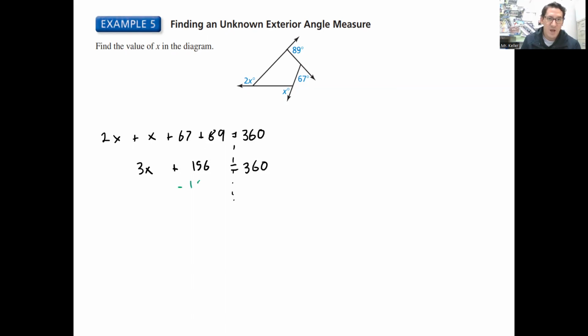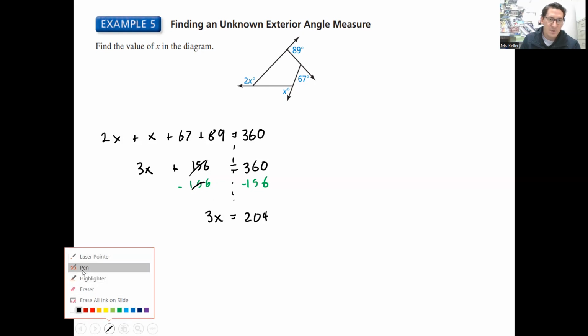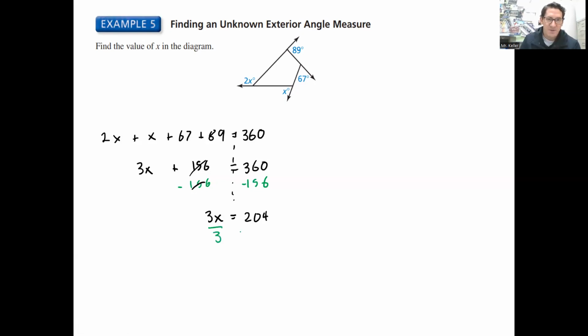I'm going to subtract 156 from both sides. That cancels out. I get 3x is equal to 204. And then I'm going to divide both sides by 3.